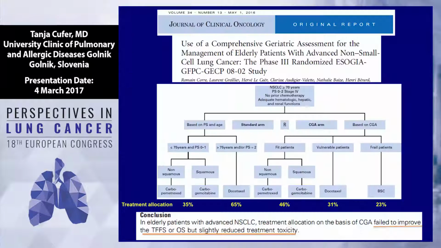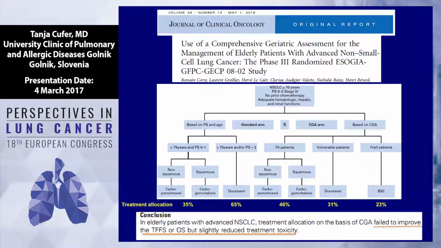There was one trial in lung cancer according to which patients were allocated to combined therapy, monotherapy, or best supportive care based on the performance status or age, or based on comprehensive geriatric assessment.